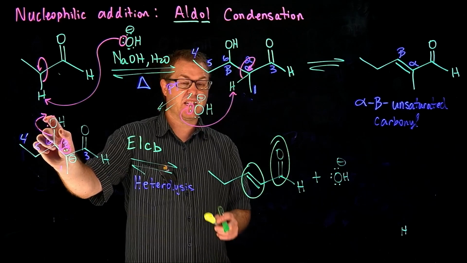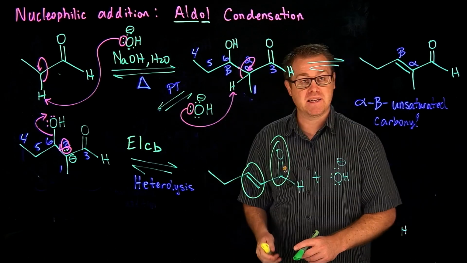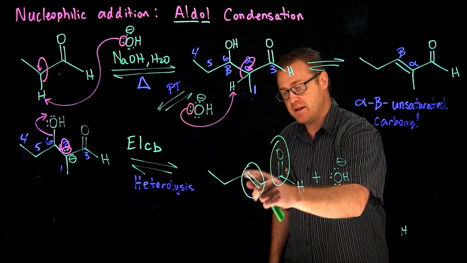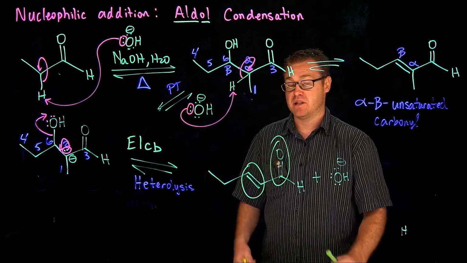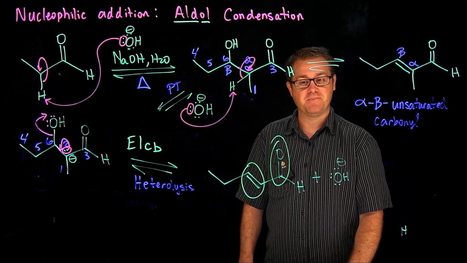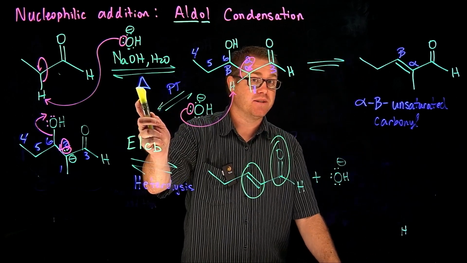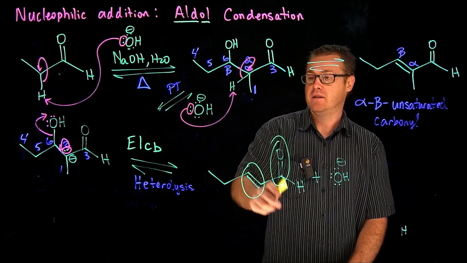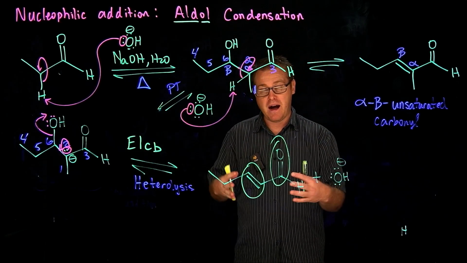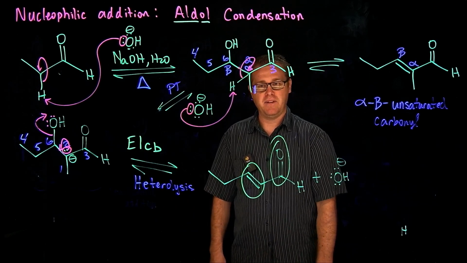Yes, it's still a bad leaving group, but it can leave in this E1CB mechanism because we generate a species that is conjugated, and that just overcompensates. Granted, we're also adding some heat, so that helps. So we're adding heat, we're getting a conjugated product, and all that combined allows the alcohol to be an okay leaving group.